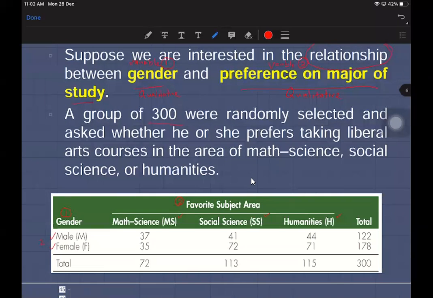A group of 300 were interviewed, so the total here will be 300. Total of male will be 122, total of female will be 178. Total of math science 72, total of social science 113, and humanities 115.